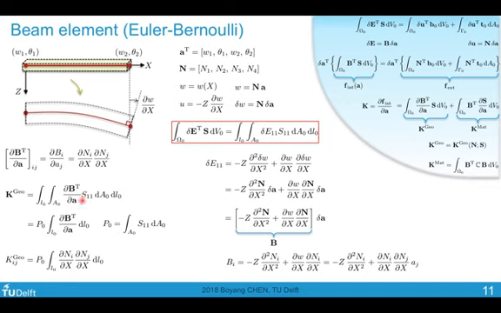Again, here we have already simplified the internal work so that we have only the S11 term here. We can see that A0, which is the cross-sectional area of the beam, is constant. The B matrix is a function of our shape function, and the shape function is only a function of the axial coordinate x. It's independent of the cross-sectional area A. So we can take this term outside of this integral, and we leave inside only S11.